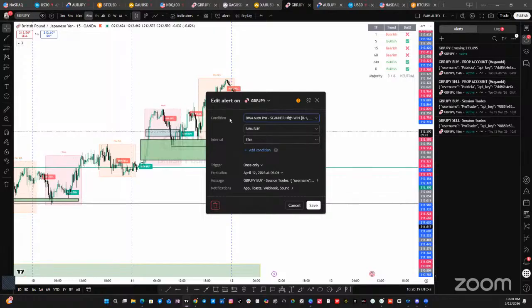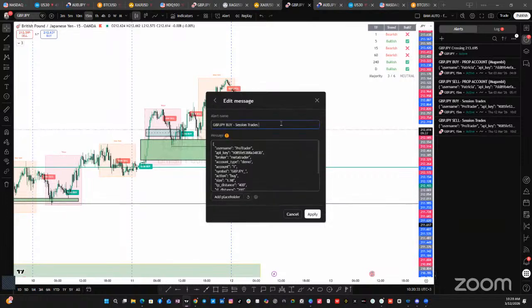This is the new one, it has the buy and the sell, and mine is for 15 minutes. When I click here, session trades, and click prop, I type the name of the alert, so I know this is the GJ for buy. You can name it like GJ if you have the latest one, because the latest one hasn't updated on this chart.